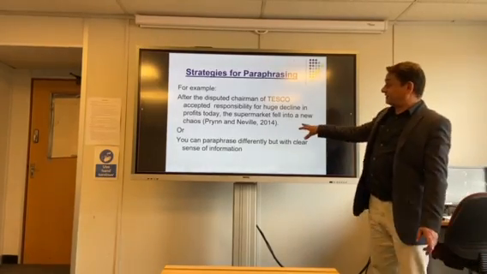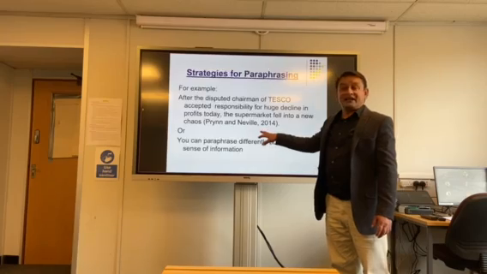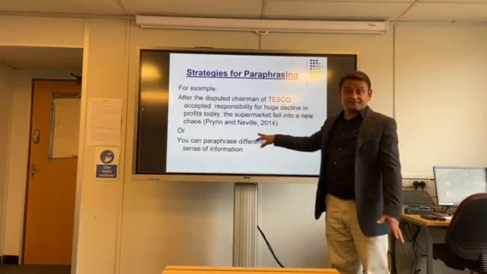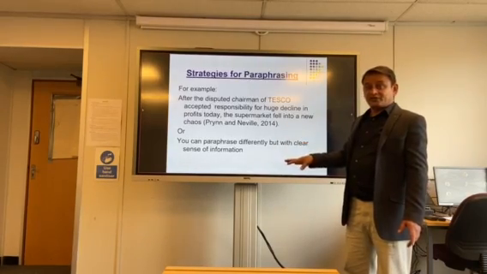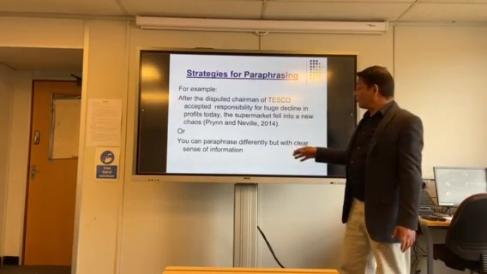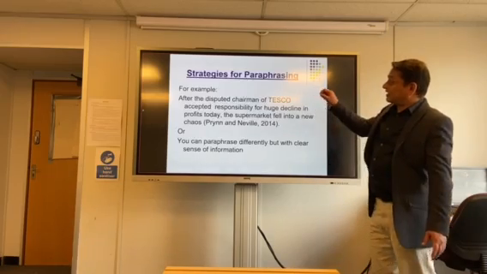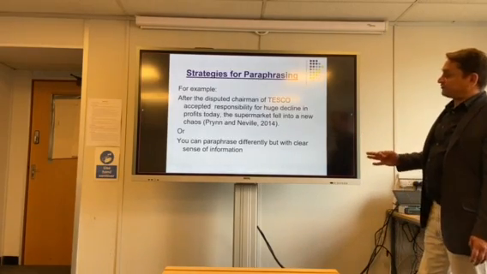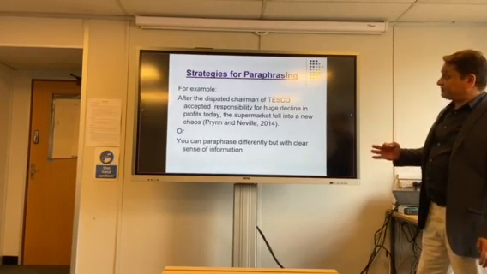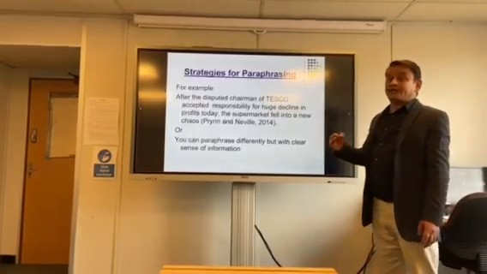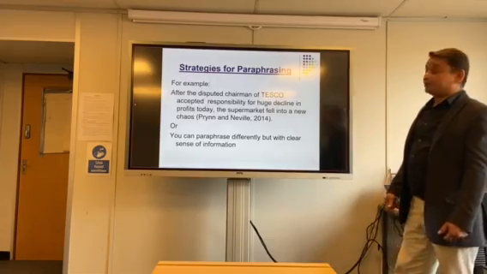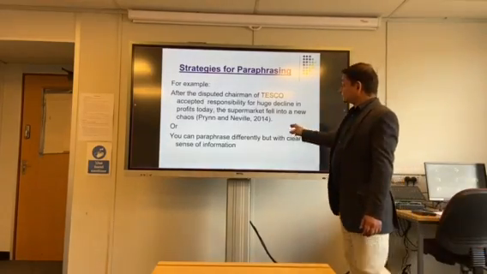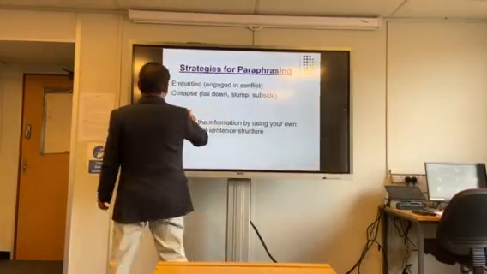So this is paraphrasing, and then you are giving the reference because this is not your own information, but you rewrite it in your own way. And look, that was the original sentence.